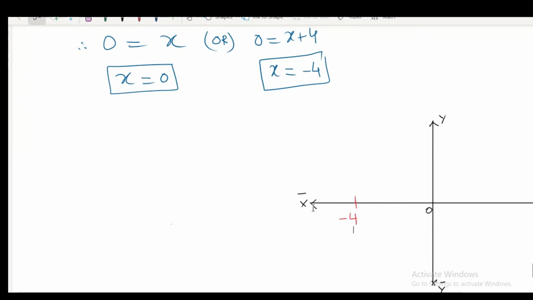The left-hand side is negative. Next step, draw the line of symmetry, which will pass through minus 2.